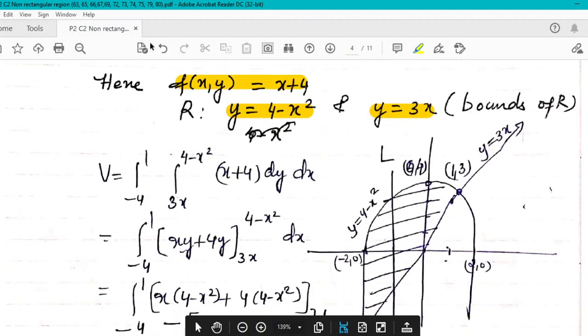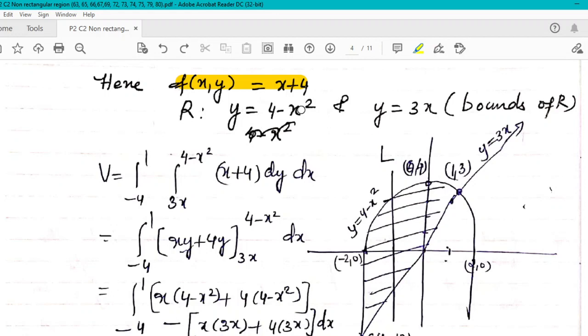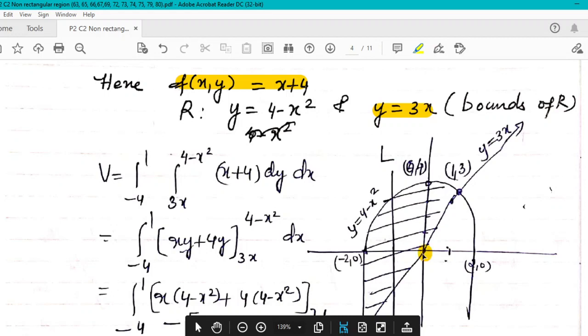Now we know that our region is bounded by the parabola y equal to 4 minus x square and y equal to 3x. First we can draw the line y equal to 3x. It is very easy. Put x equal to 0, and you will get y equal to 0, so one point is (0, 0).